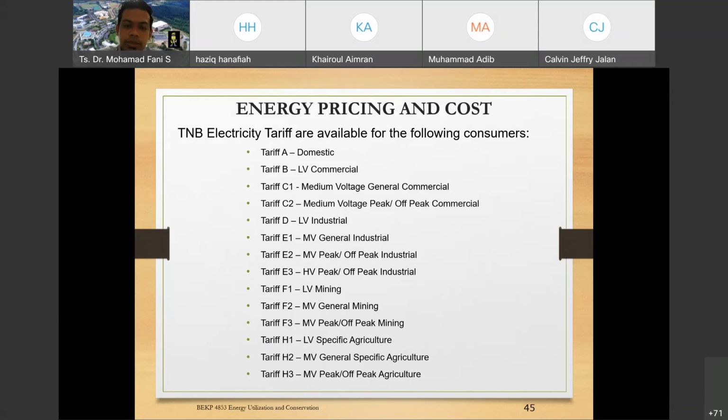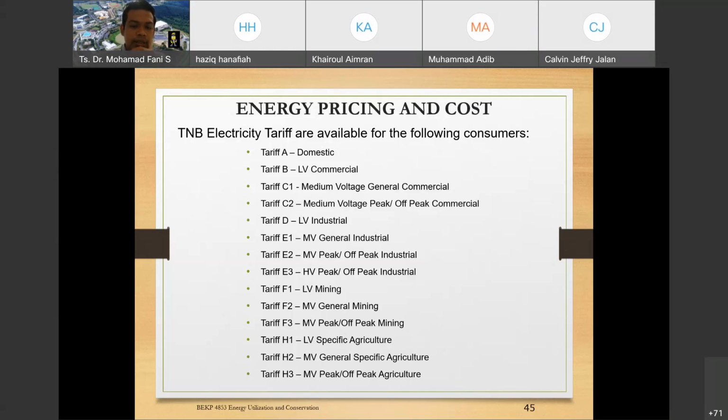C1, C2. Okay, C1 is the medium voltage, which is 11 or 33 kV. And this C1 will have a flat tariff, different to the C2. The C2 is based on the TOU, time of use, that you calculated in the example just now.